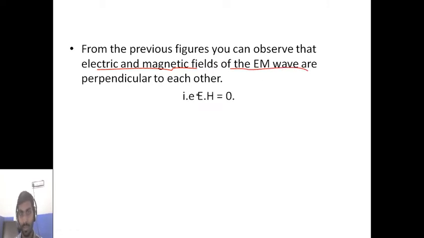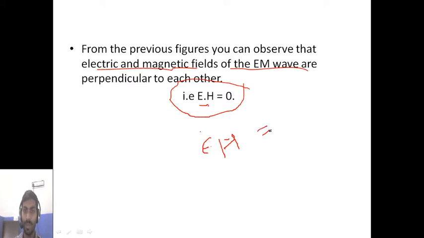Since they are perpendicular, you need to remember a law. You might know the dot product. E dot H is a scalar product. Where electric field and magnetic field are vectors, the dot product will be 0. Here you take the magnitude of E, the magnitude of H, and cos theta.